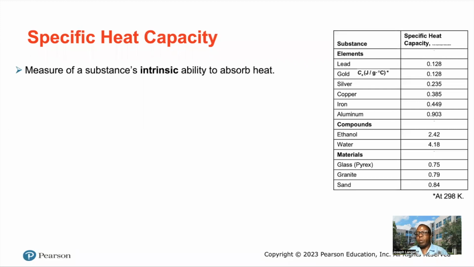If need be, you will be given this. If not, let's say you are attempting end of chapter problems, you may need to refer to this table for specific heat capacity of a few compounds given here. Take note of the heat capacity for H2O. It is the highest, and this explains why, let's say in the Bay Area in California, during summertime, about 2 miles inland it is extremely hot.